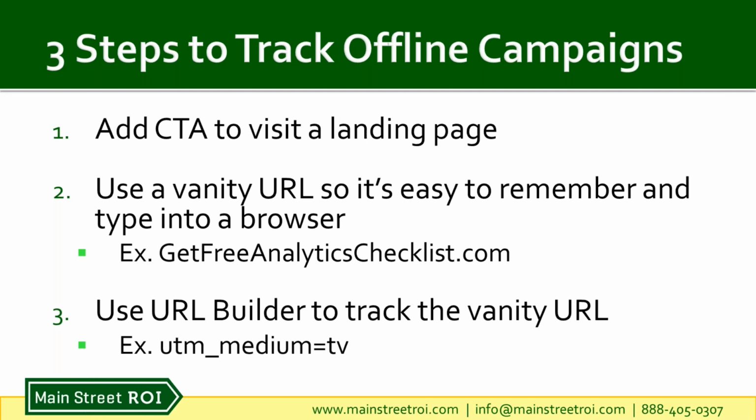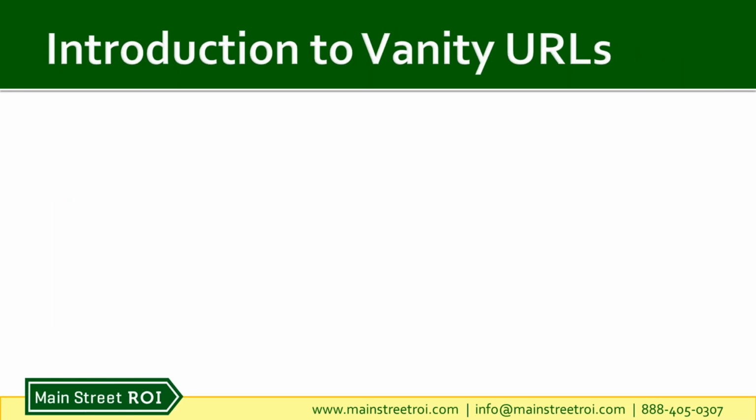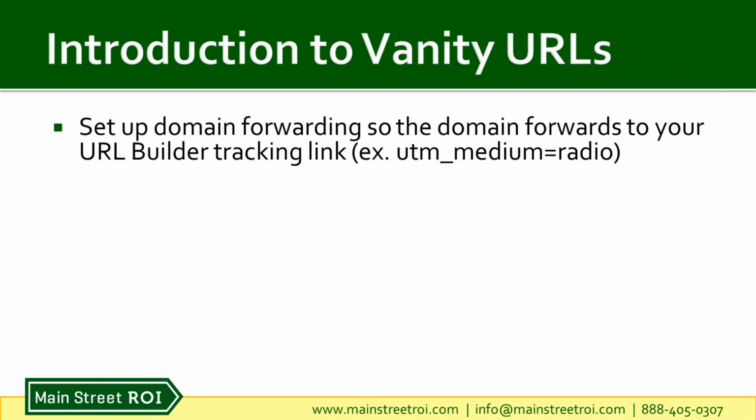So in the TV commercial, the person would say, just go to getfreeanalyticschecklist.com. So you'd go to the URL builder, make sure that the medium is TV, and then you would set up domain forwarding for that domain, and you'd have that forward to the tracking URL that you create in the URL builder.